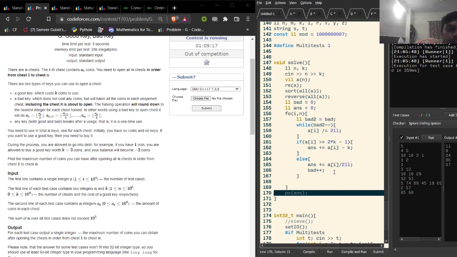After that, we can just choose to use only bad keys. I think that makes sense. Since it's halving every time, if I use 30 bad keys, then all of the values after it are going to go down to zero. So we can iterate on the number of bad keys that we want to have.